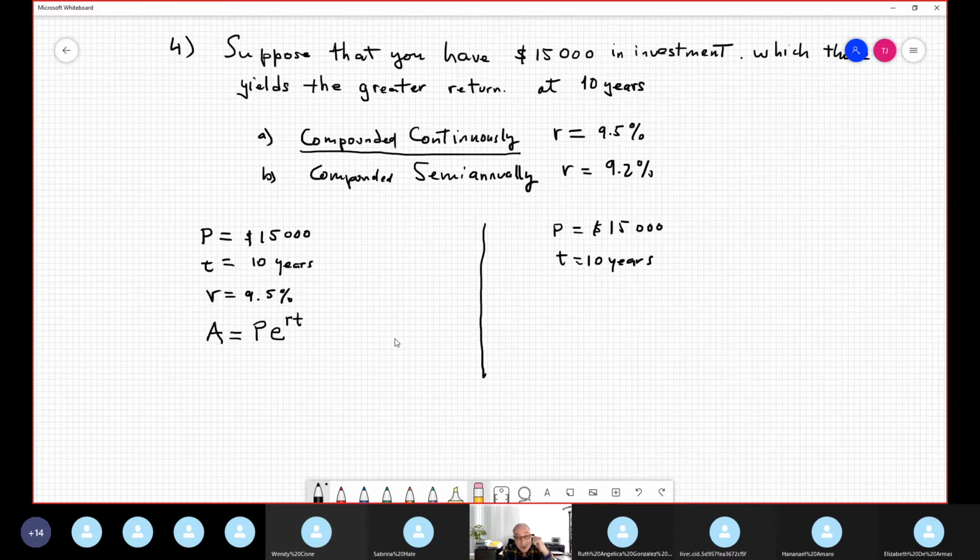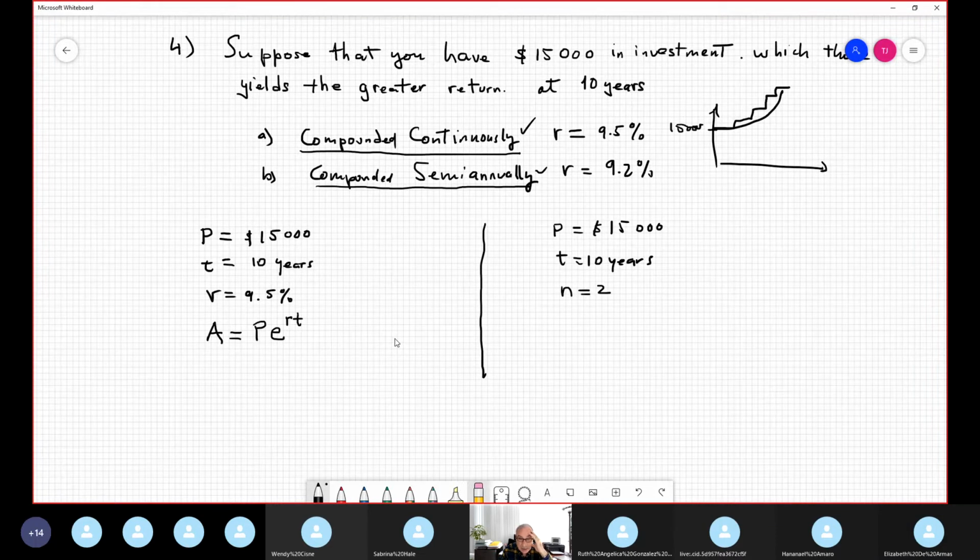Another option is different because it's compounded semi-annually, and semi-annually is discrete. The idea is, look, continuous is something like that. This is my money, 15,000, and exponential continuous in this case. And it's not exponentially increasing, but like stairs. And semi-annually means that n is 2.